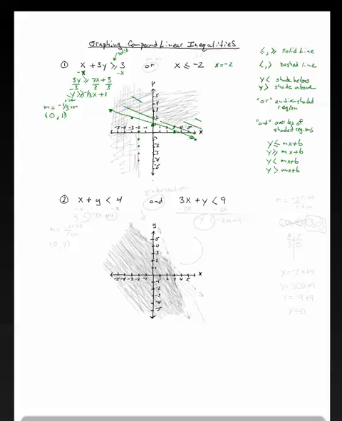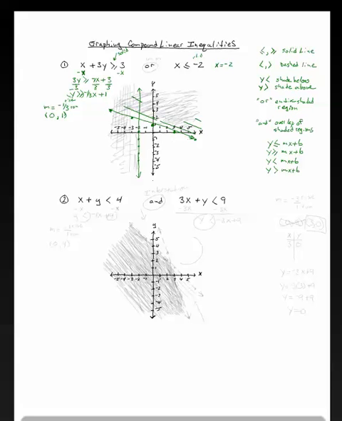I'm going to draw a solid line because it's an inclusive inequality. So there's my solid line where x is equal to negative 2.